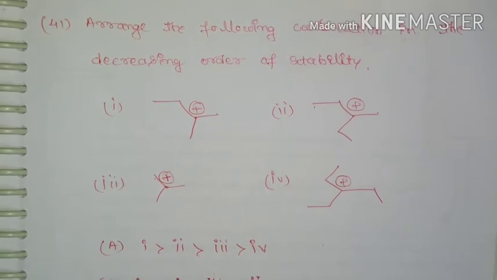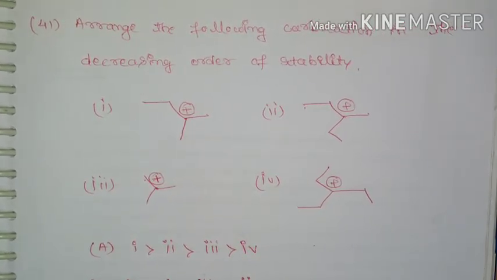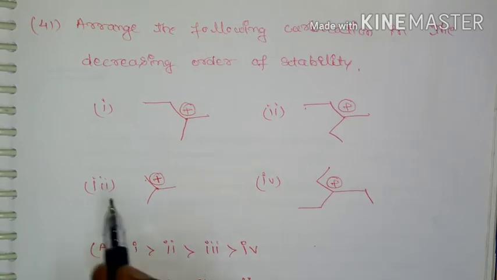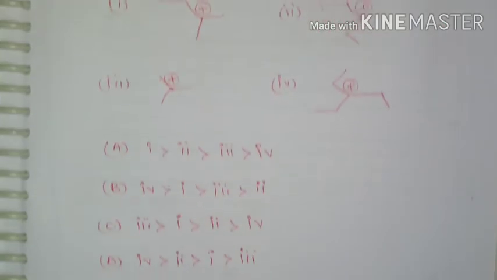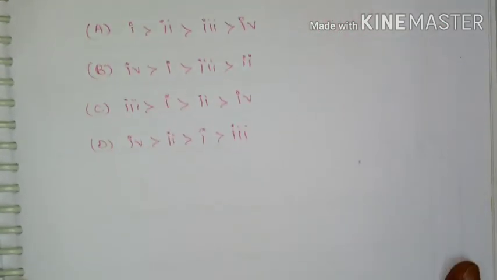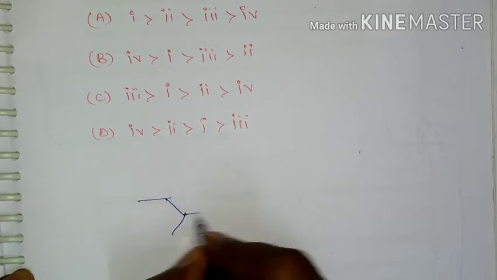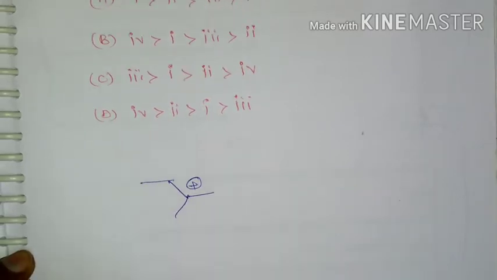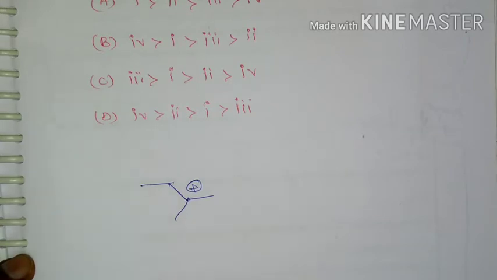Next question, arrange the following carbocations in the decreasing order of stability. So here you can see all the carbocations given are tertiary carbocations. So how to decide the stability order? If you come for the first carbocation, this question will be based on hyperconjugation, means how many alpha hydrogens are present, so it is going to have that many hyperconjugating structures.